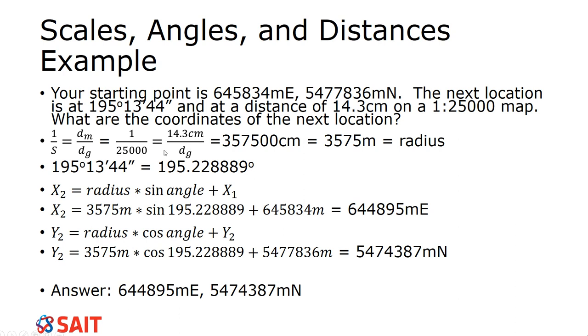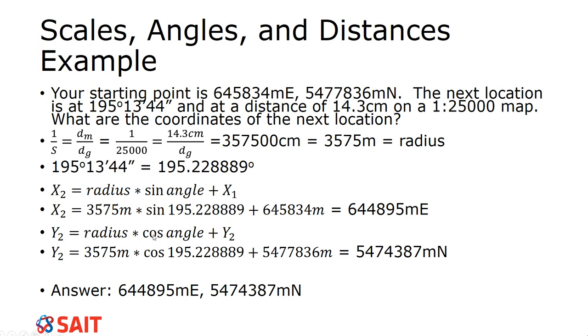I'm going to double check to make sure that makes sense. 195 degrees is past 180, so it has to be going backwards in the x. Does it reduce in value? I see 645, and here's 644. So it has gone down, and I know that I'm heading in the right direction.